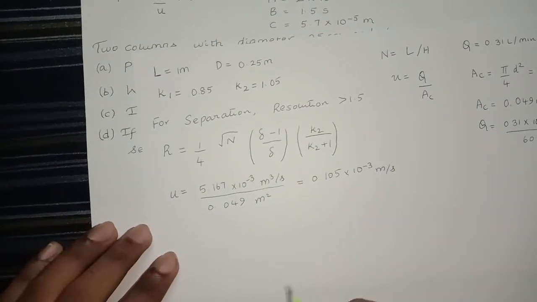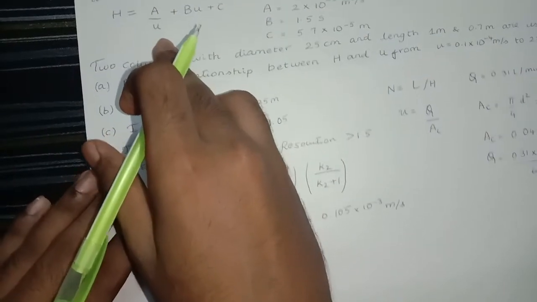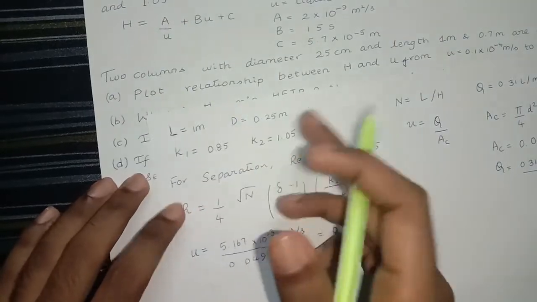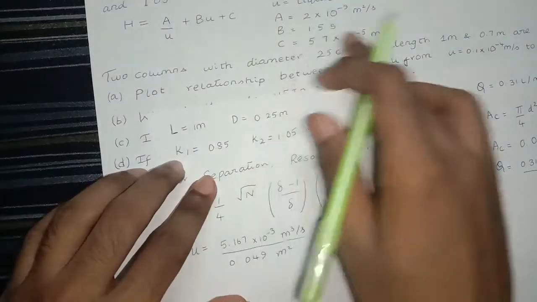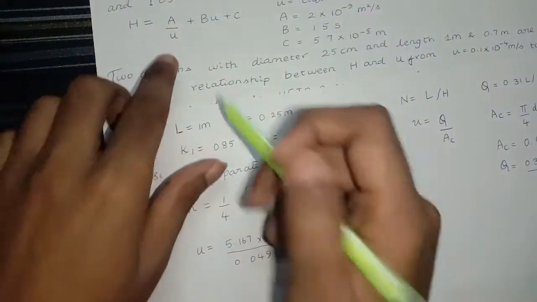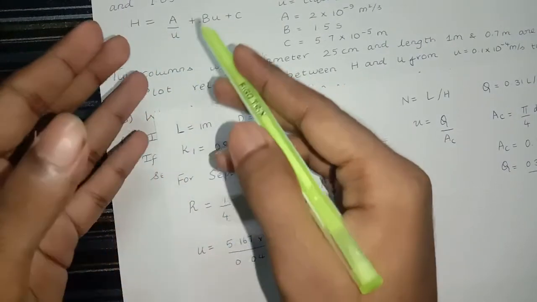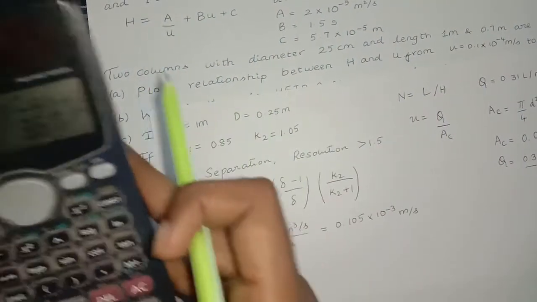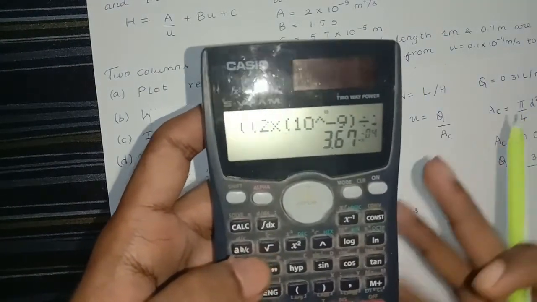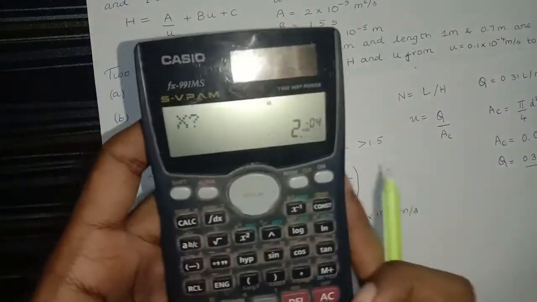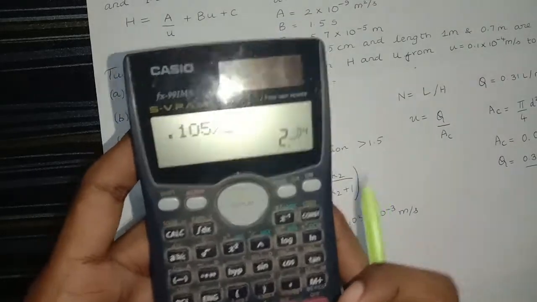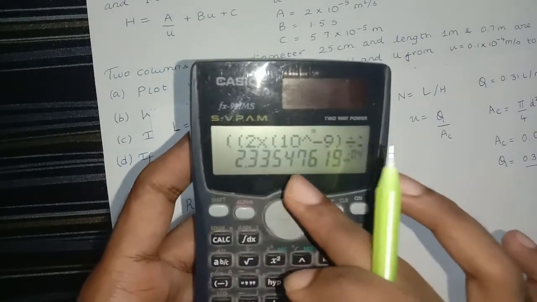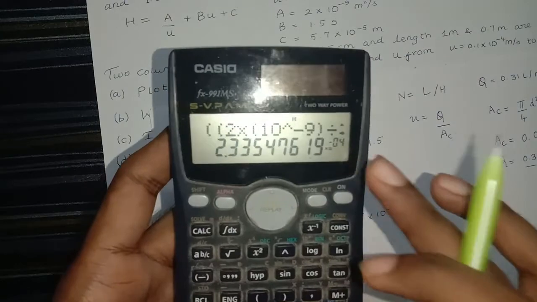This is the value of U, and we know the relationship between H and U given by the Van Deemter equation. For solving part A, we filled in the values of all the constants and made an equation with independent variable x, on which H, the dependent variable, varies. By pressing calc, we feed this value, 0.105 × 10^-3, and get 2.335 × 10^-4 meter.